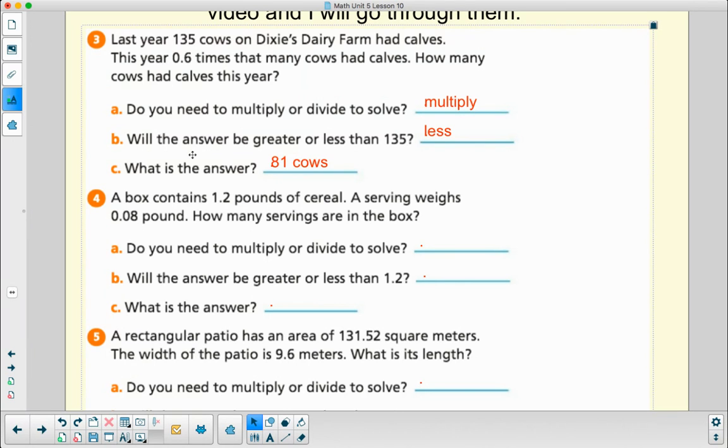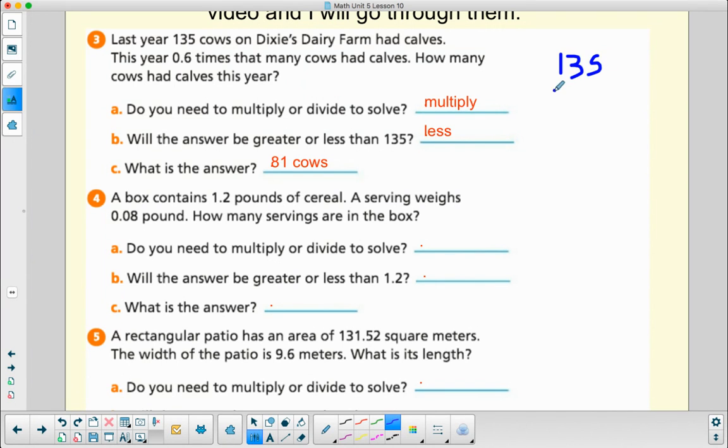All right, so let's try it and take a look at it. 135 multiplied by 6/10. 6 multiplied by 5 is 30. 6 multiplied by 3 is 18, plus 3 is 21.